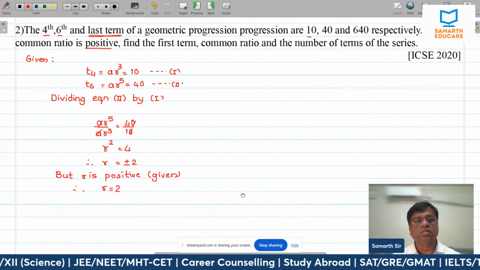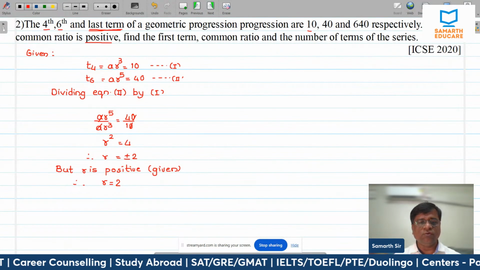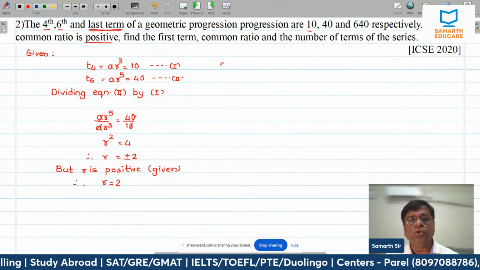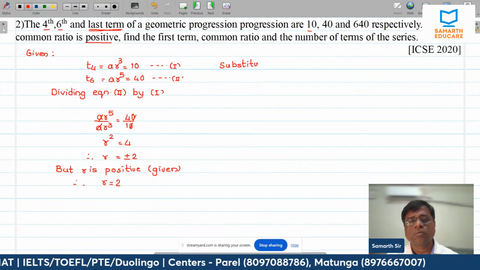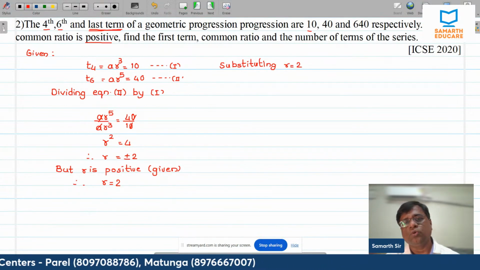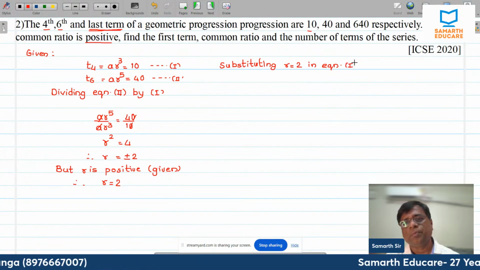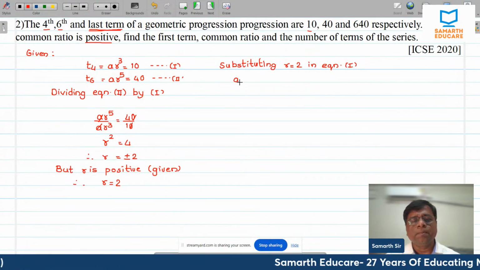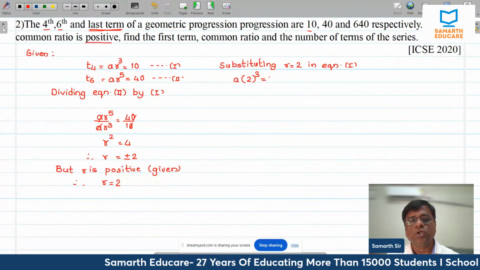All right, this is the first part. The common ratio we got. Now we are looking for the first term. Substituting r is equal to 2 in, let's say, equation 1, we get a times 2 cube is equal to 10.